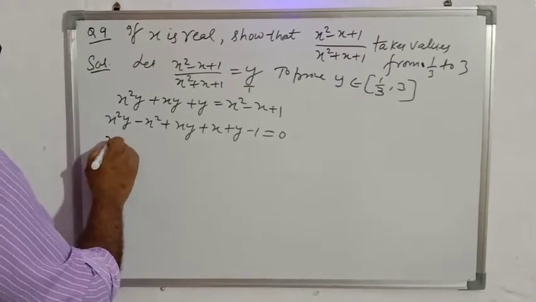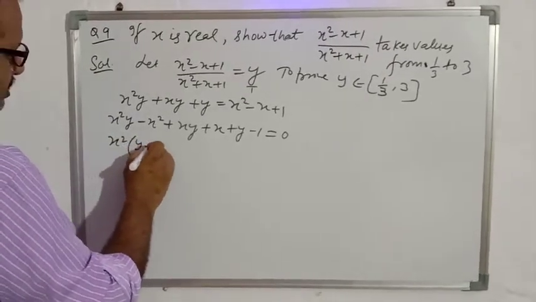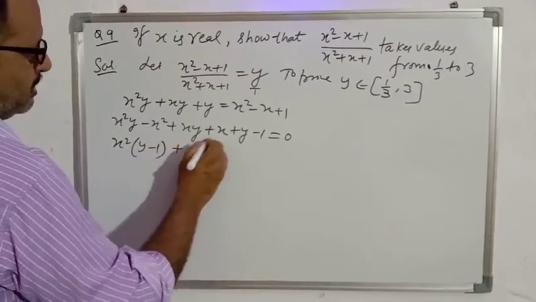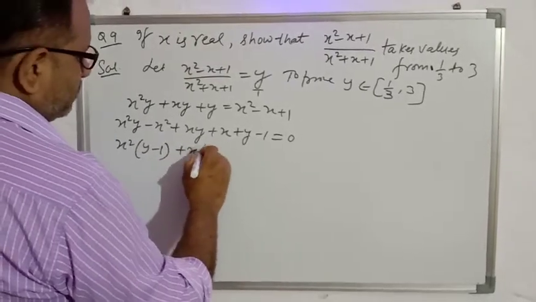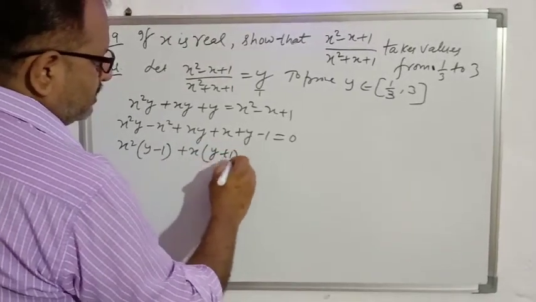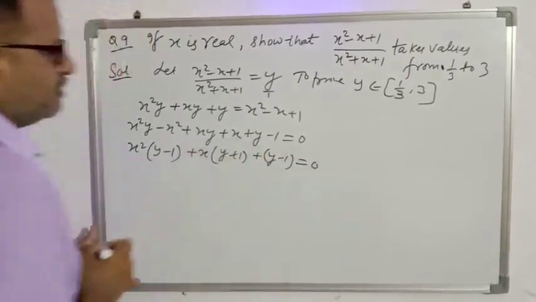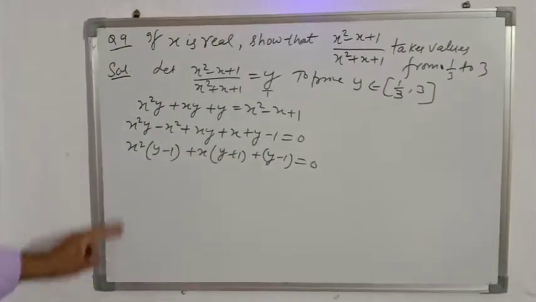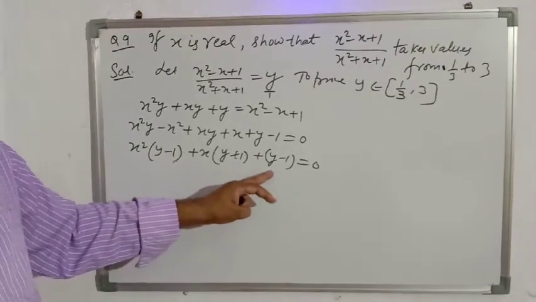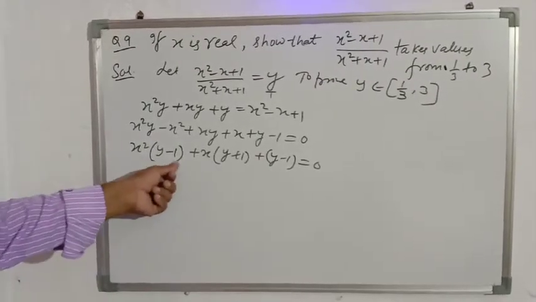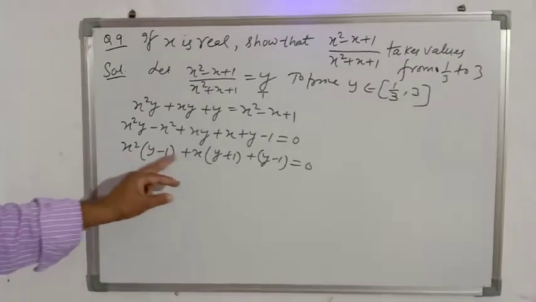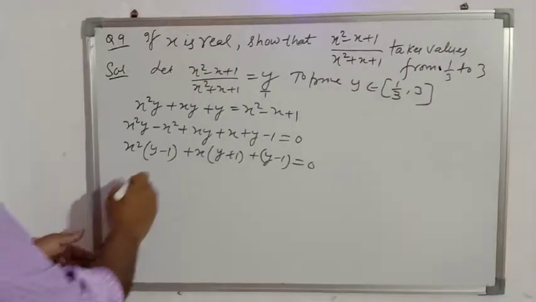Take x square common, y minus 1, x common, y plus 1 plus y minus 1 is equal to 0. It is a quadratic equation in x like ax square plus bx plus c.